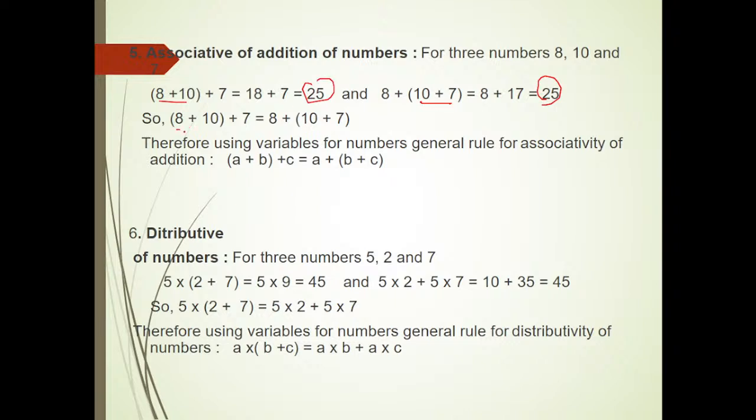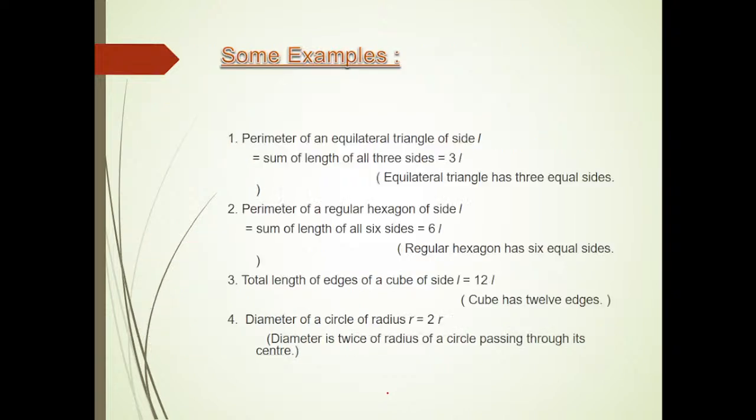So what we conclude is that both are equal. We generalize this for all numbers: a plus b plus c is equal to a plus b plus c, grouped either way. So to generalize the properties, we use algebra. Similarly, here we have an example of the distributive property, and we will check some more examples.